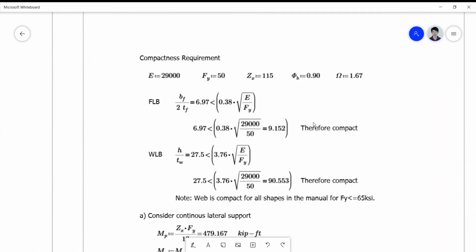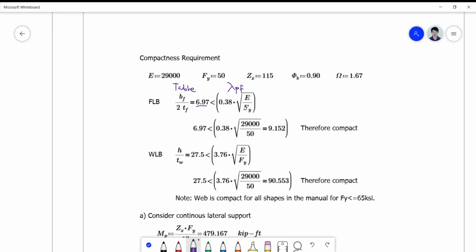So the values for the checking we need are the modulus of elasticity, which is 29,000 ksi, and Fy is equal to 50 ksi. So for the flange local buckling, we simply compare the width to thickness ratio bf over 2tf, which is 6.97, with that of the lambda p limitation.